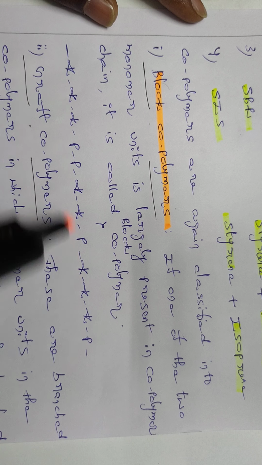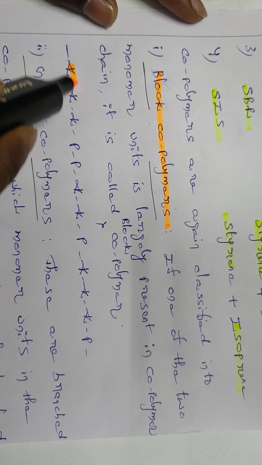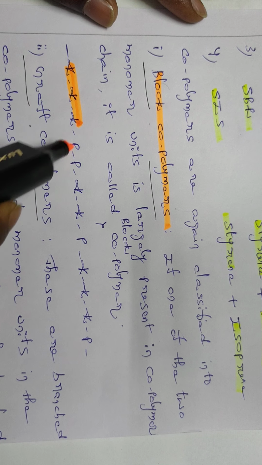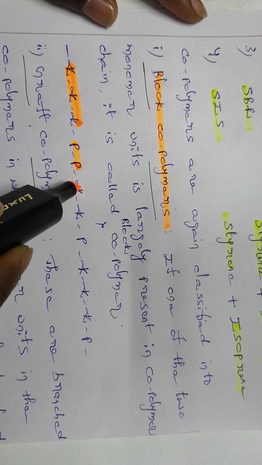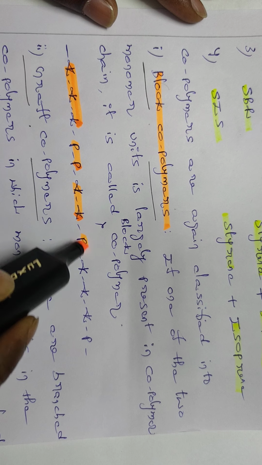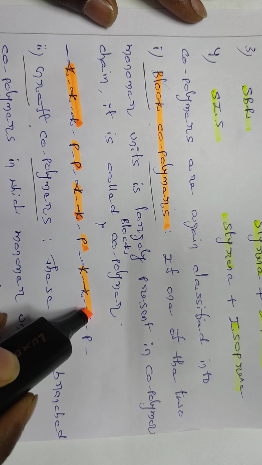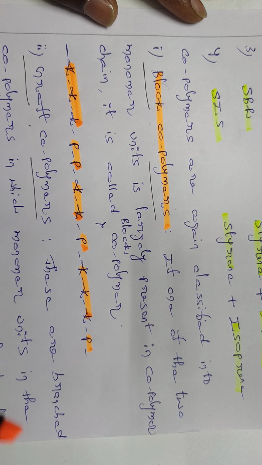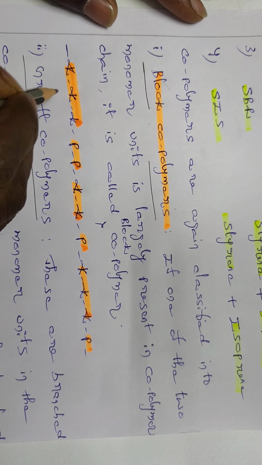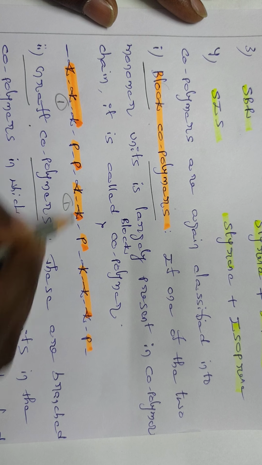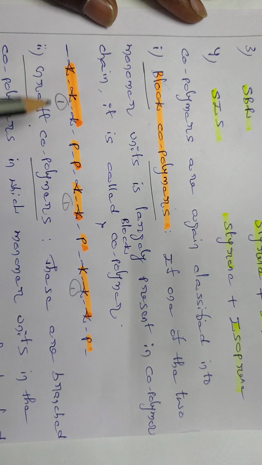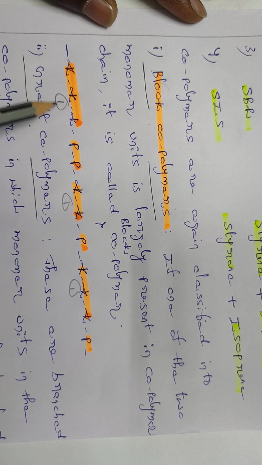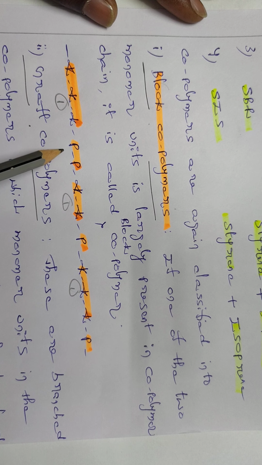In the chain structure, K is repeated 3 times, P 2 times, K 2 times, P 1 time, K 3 times, and P only 1 time. The dominating monomer is always K. That means the monomer K is largely present compared to P. Such polymers are called block copolymers.